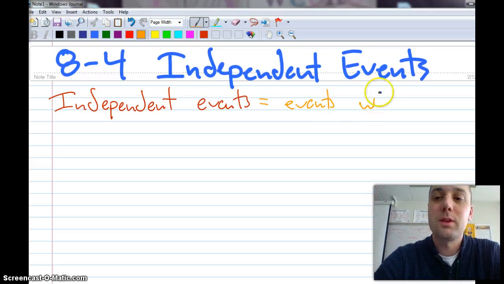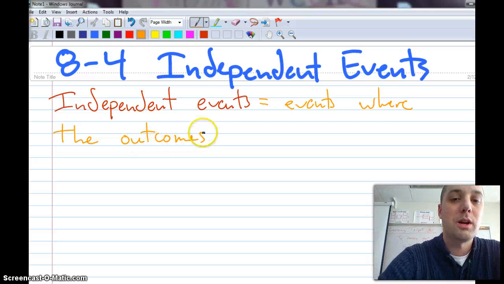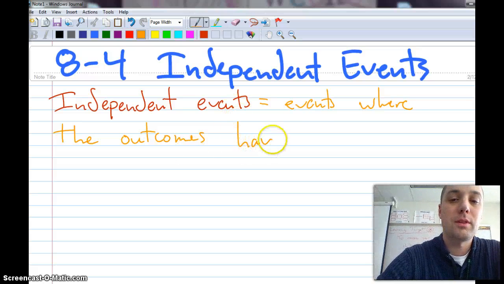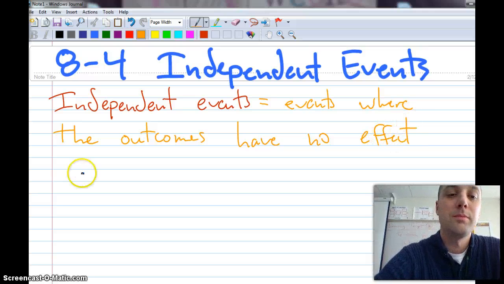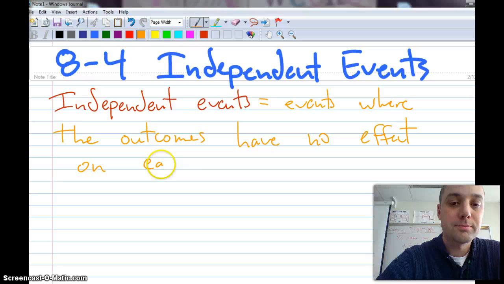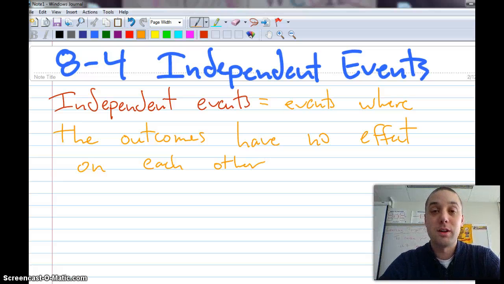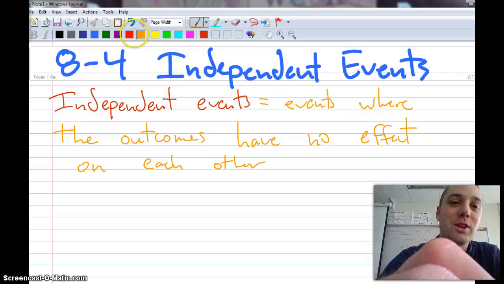Events where the outcomes have no effect on each other. So there are two or more things that are happening independently of each other, so one won't affect the other. If they affect each other, then they're dependent on each other. They're called dependent events, and that's for another day.